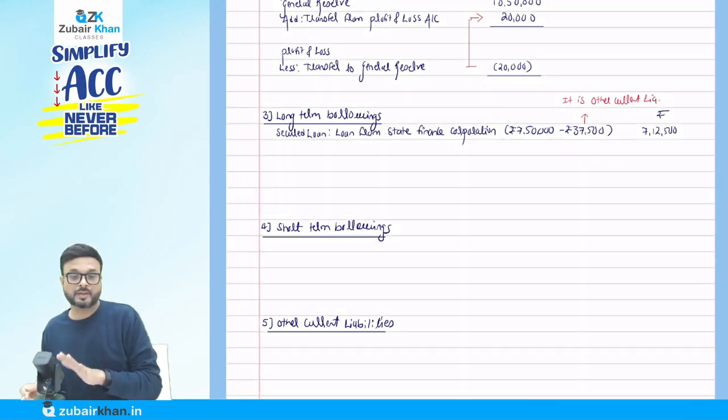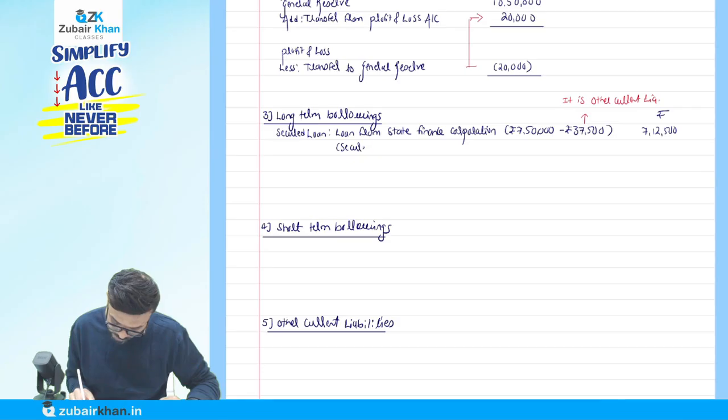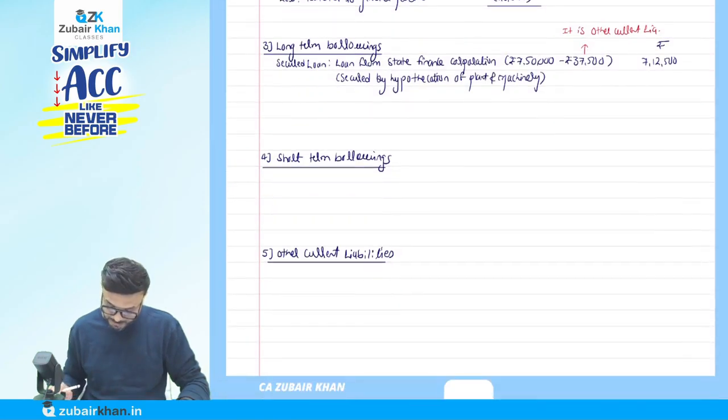Write down that here it is secured by hypothecation of plant and machinery. Okay. Now write down this 37,500 here in other current liabilities.